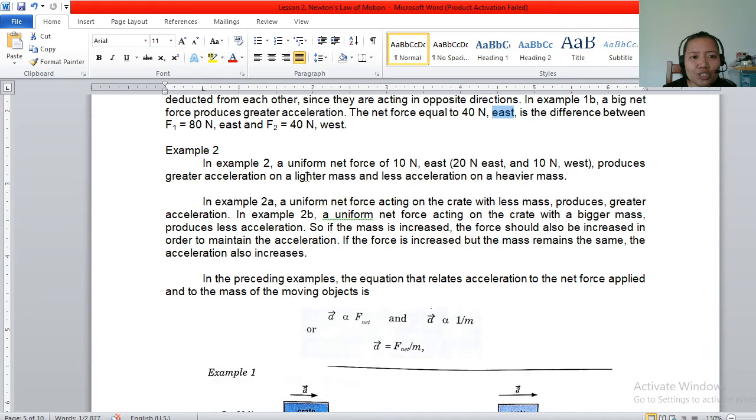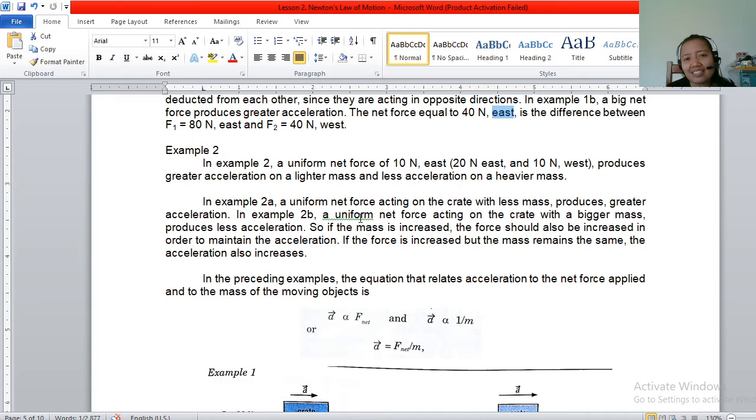In example number 2, a uniform net force of 20 Newton east and 10 Newton west produces a greater acceleration on a lighter mass and less acceleration on a heavier mass. So, mas malaki ang acceleration kung magaan yung object.